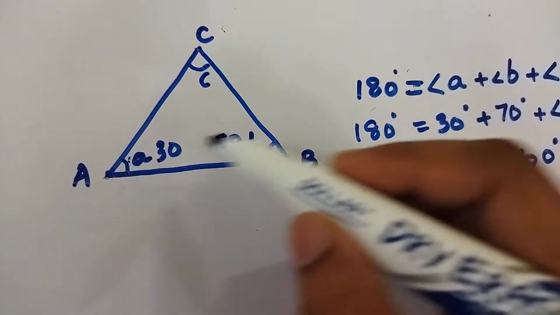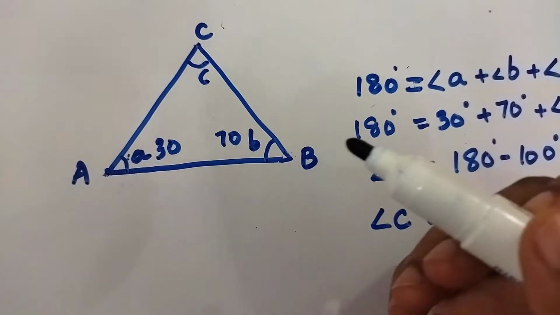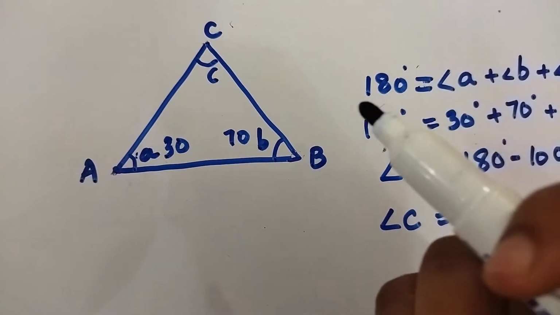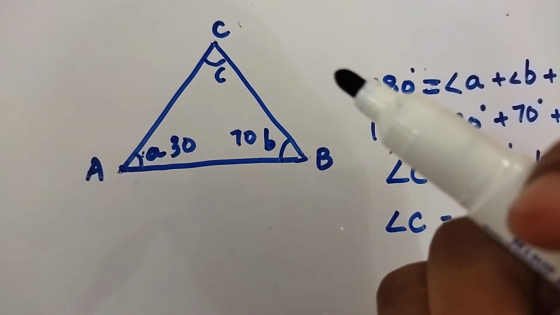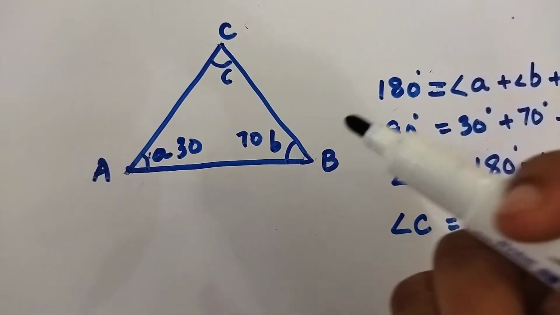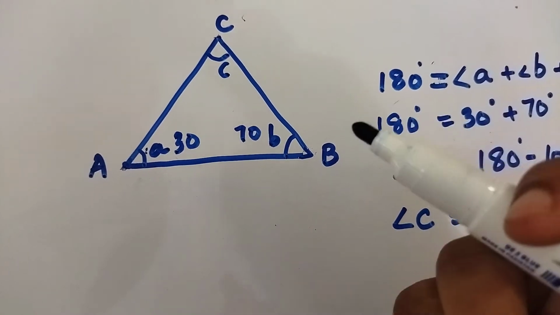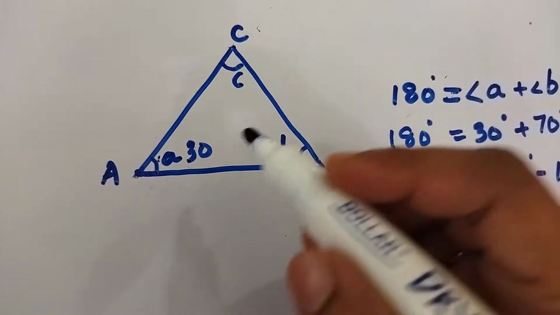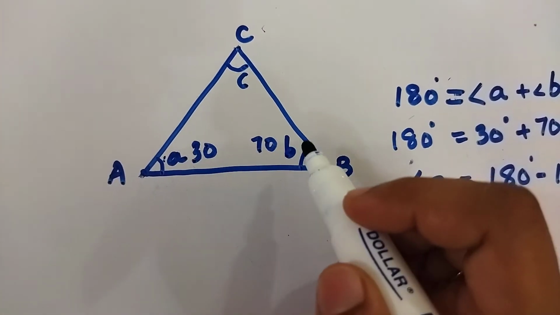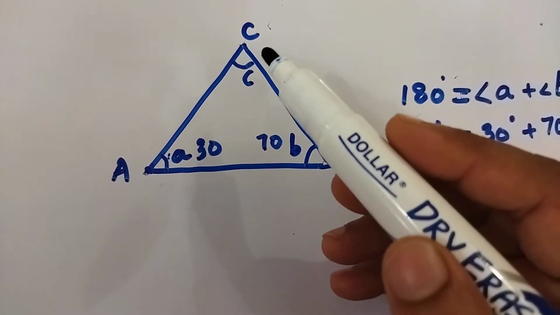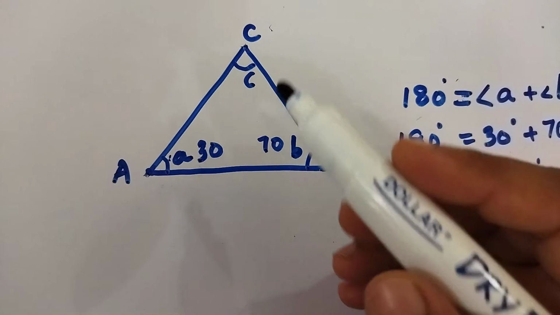All three angles are interior angles. So we got the rule of thumb that the sum of interior angles of a triangle is always 180 degrees, right? So if we are provided with two of the values of interior angles, we can easily find out the third value of an interior angle.